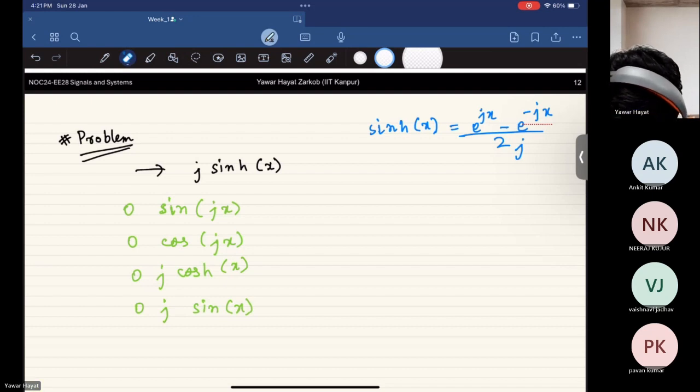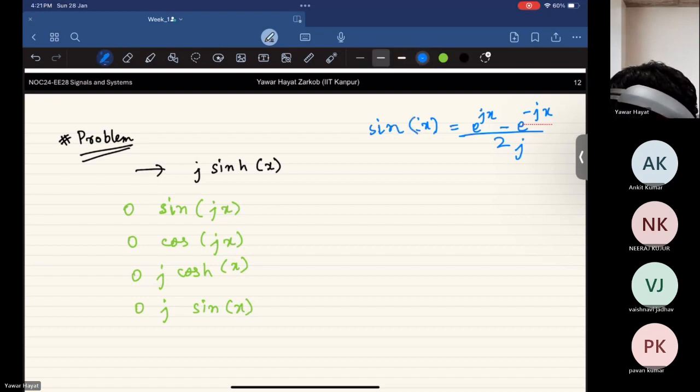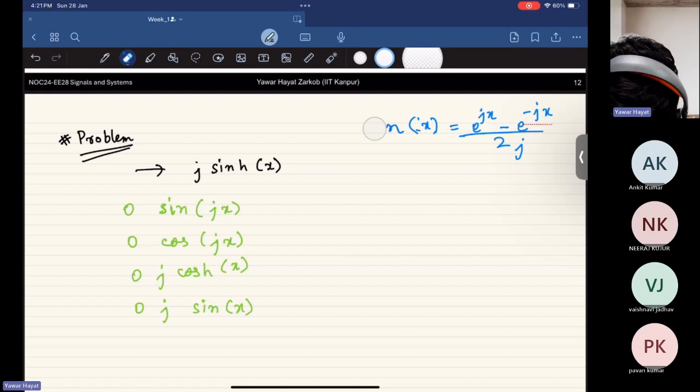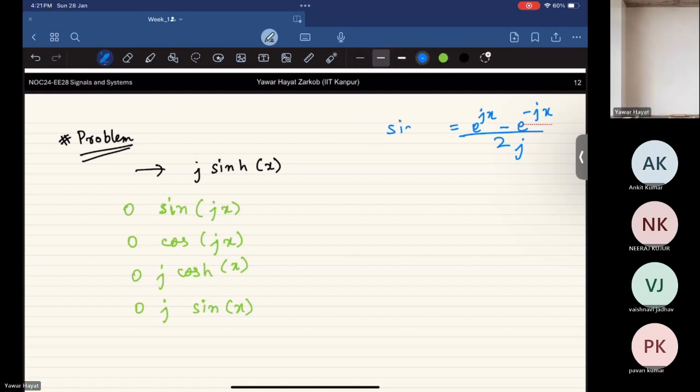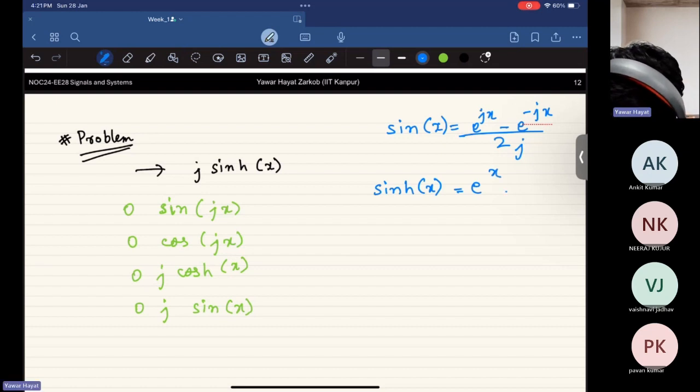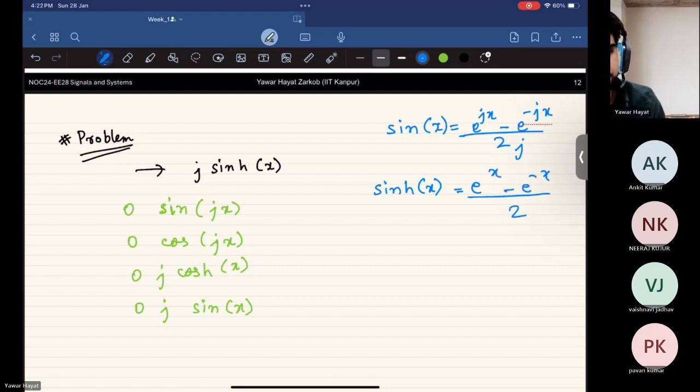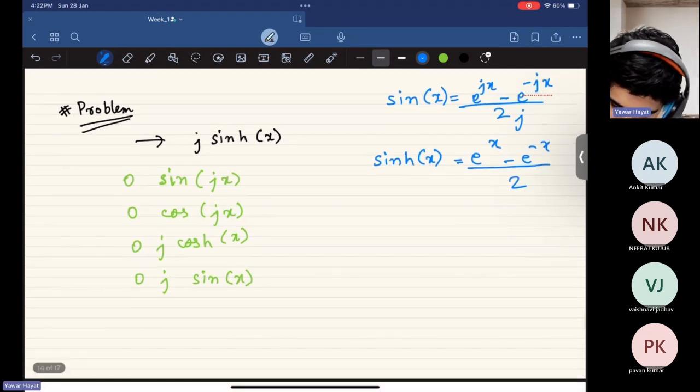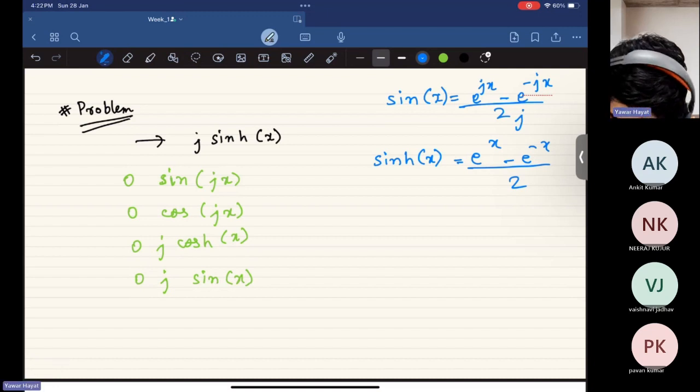I showed it for sine of jx. Okay, this definition is for sine of x, right? Sine hyperbolic of x is e power x minus e power minus x whole divided by 2. Okay, the way we can solve this is use this one.